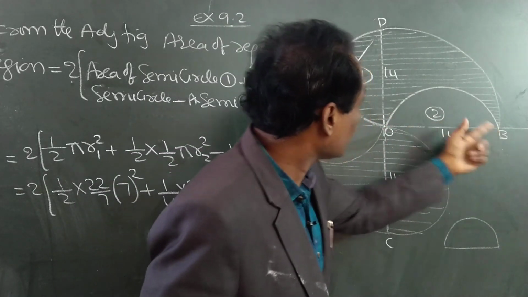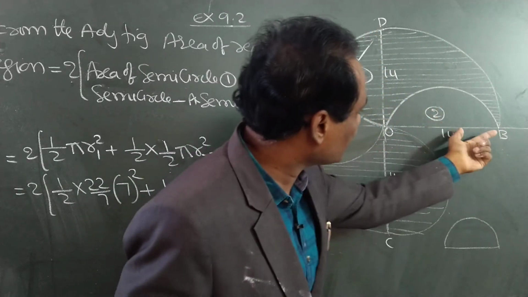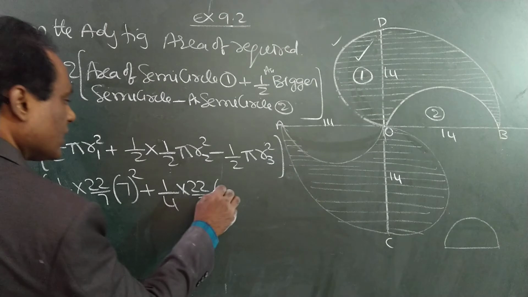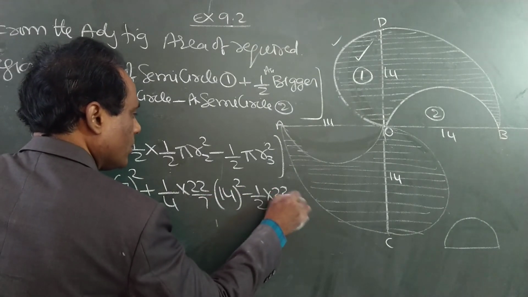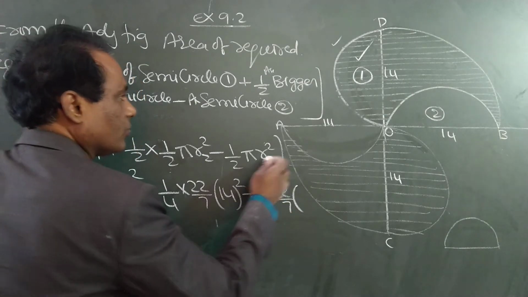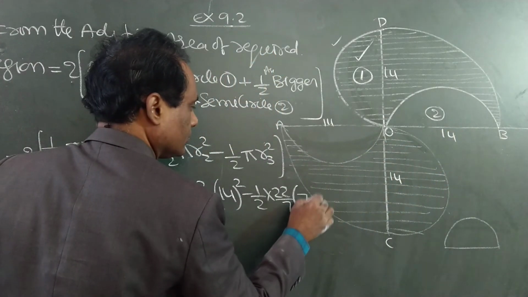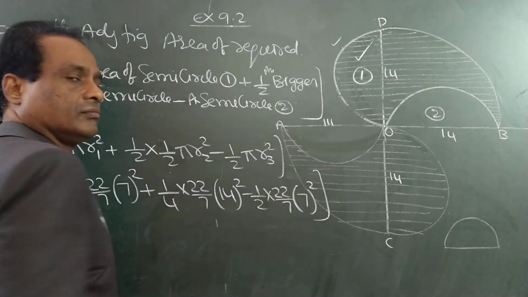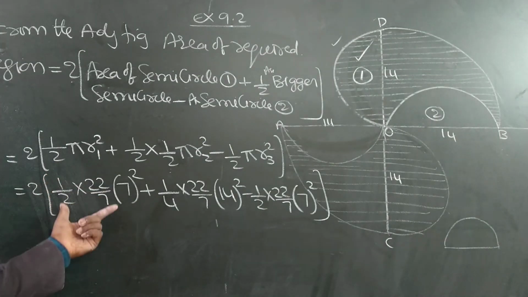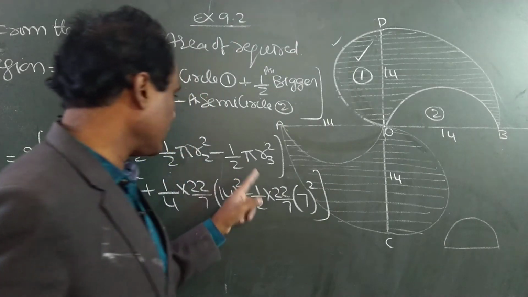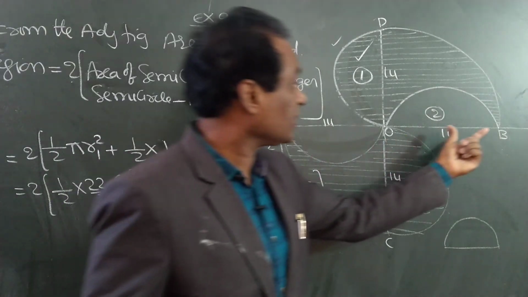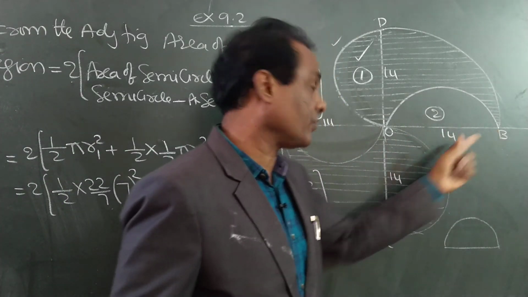Smaller semicircles 7, 7. This is also 7, this is also 7. So bigger is 14 minus half, 22/7 into this smaller is 7. Half pi r square, half pi r square. So pi is 22/7, r is 7.